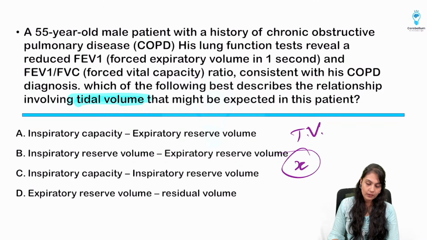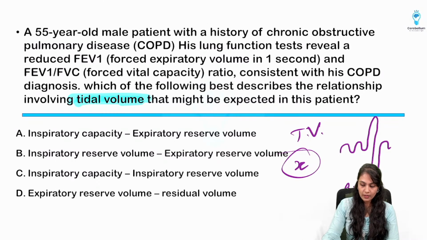Absolutely correct. This is the TV, IRV, ERV, and this is going to be the RV, which is going to remain there, right? I want tidal volume, so this is the IRV and this is the tidal volume, right?